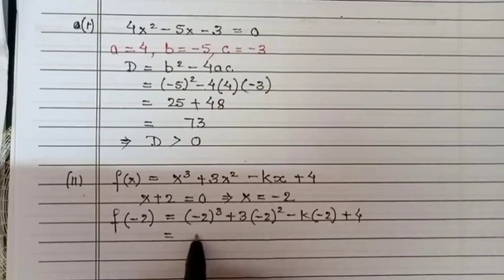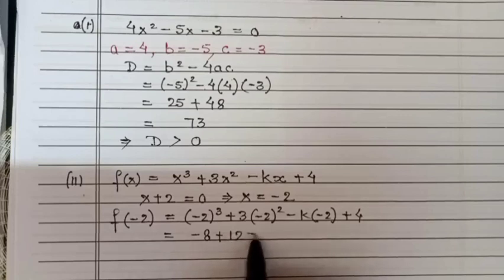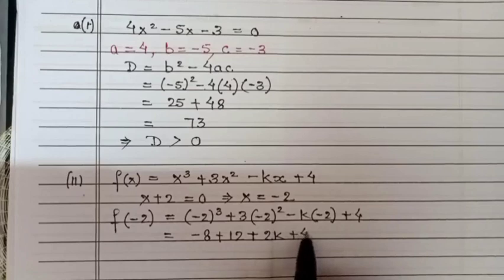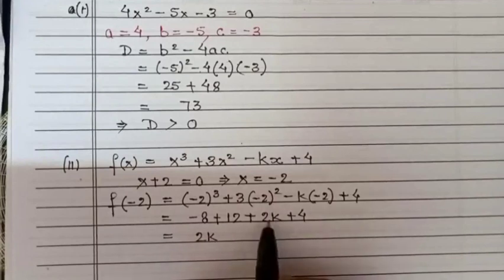So you will be getting minus 8. This will give you 12. This will give you plus 2k plus 4. So finally you can say that the remainder is 2k plus 8.